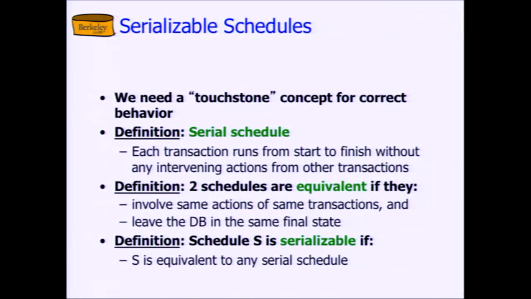However, if you want to model output, you can always write your output to a table before you send it to the screen, and then all this formalism will capture output as well. You can just pretend you're writing it to a table and do your serializability analysis that way. So just imagine that any output or any real-world activity is captured as writes to the database, and then all our mechanisms will work.